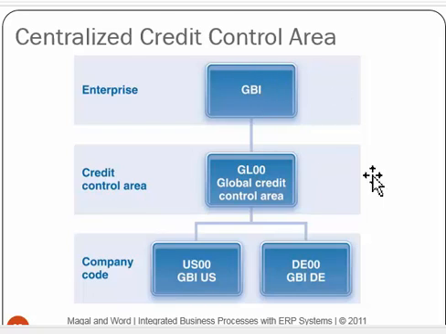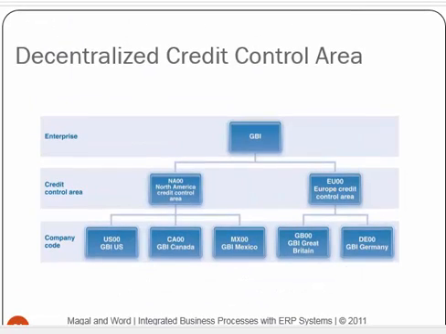So here you have a centralized control area right under the enterprise. And a decentralized one will have, every company code will have its own credit control area.